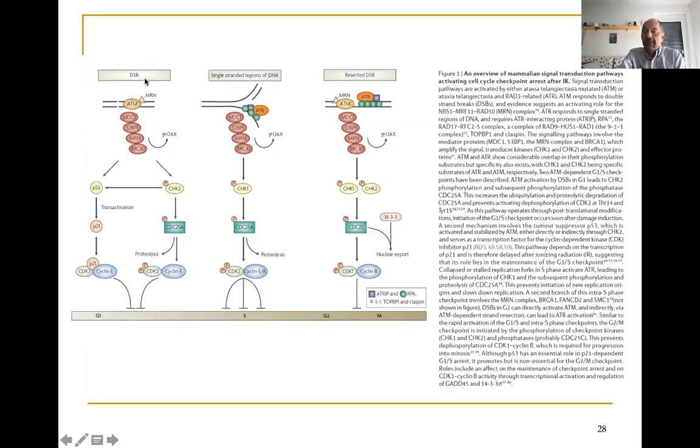You see the double-strand break, ATM, recruitment of many different proteins, MDC1, 53BP1, MRN, BRCA1, P53 phosphorylation that can be actually inhibited by CHK2, P21, which is phosphorylated by P53, and eventually the block in G1S. Similar things happen, you know, in S phase and in the G2M checkpoint.